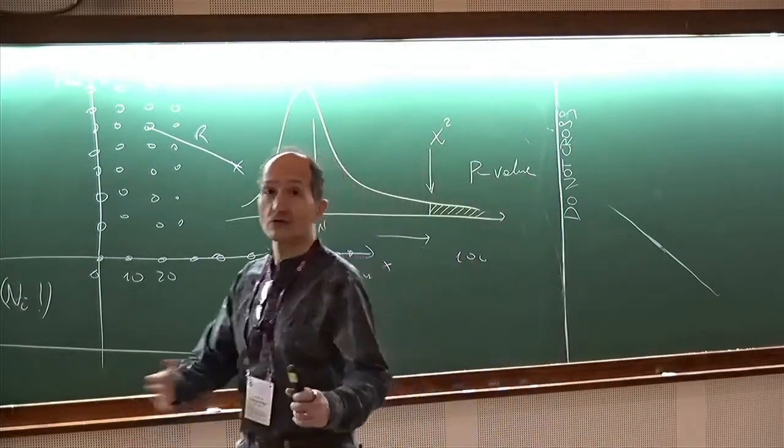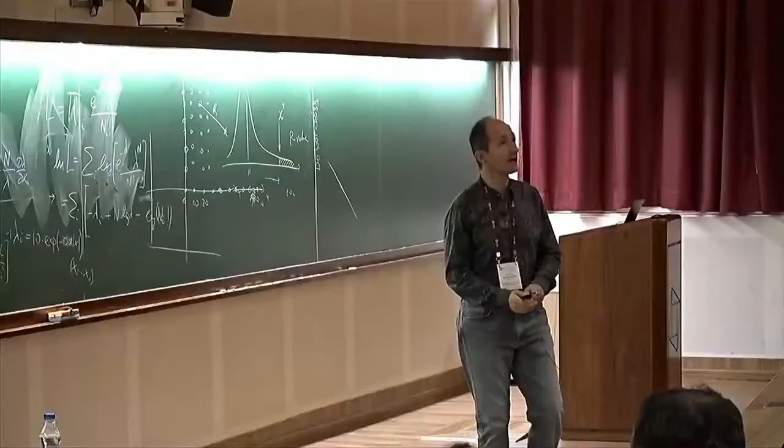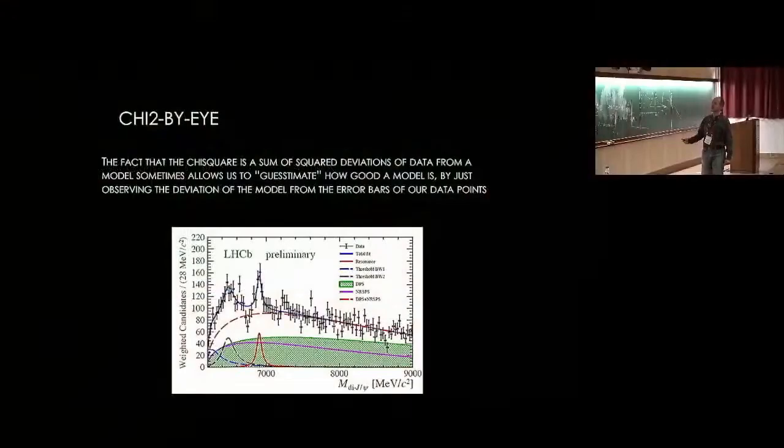So the p-value, you can convert it into a number of sigma, and then you can say this fluctuation causes a worsening of the model precision, and it actually has a significance of n sigma and so on, okay? But chi-by-eye is something that you can do, and it's actually instructive to compare what you estimate with what you actually find by computing probabilities.